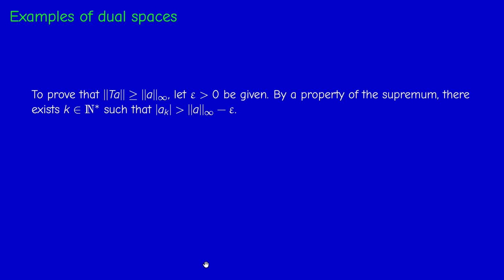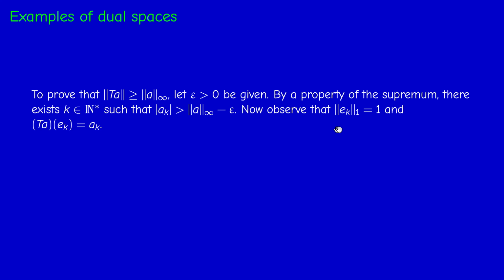Now, what is the norm infinity of A? It is the supremum of |a_n|. But by a property of the supremum, the norm of A infinity minus epsilon, since it's strictly less than the supremum, is not an upper bound. So we can find an element of the sequence a_k which is strictly bigger than the supremum minus epsilon. This is a well-known property that we use several times. Just one index k is enough.